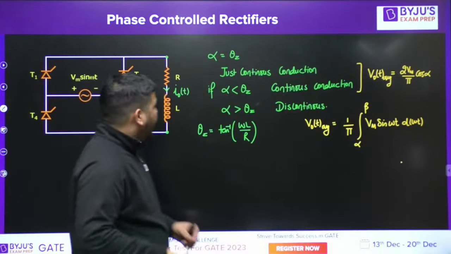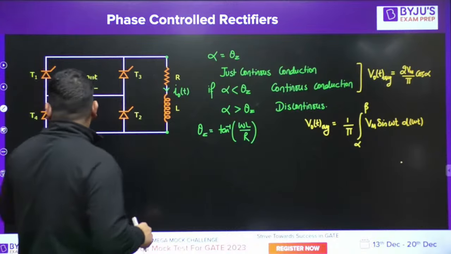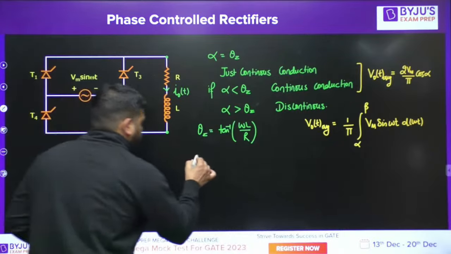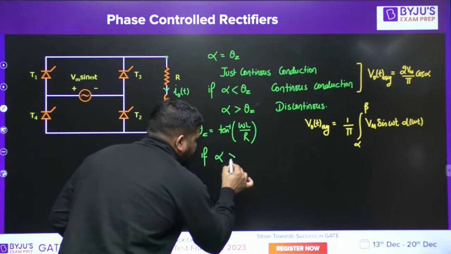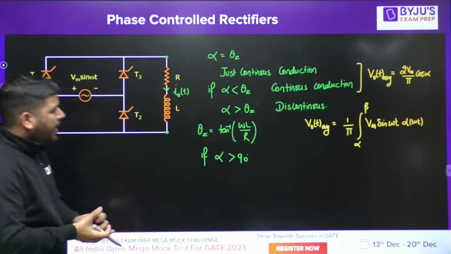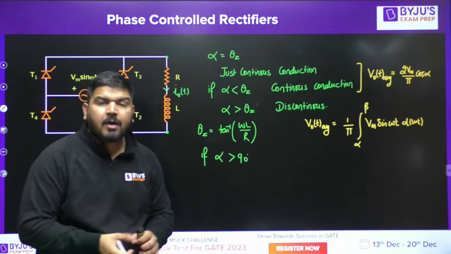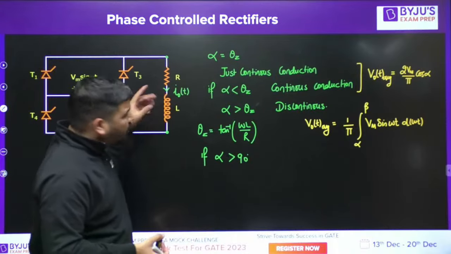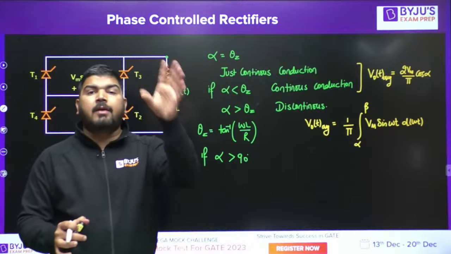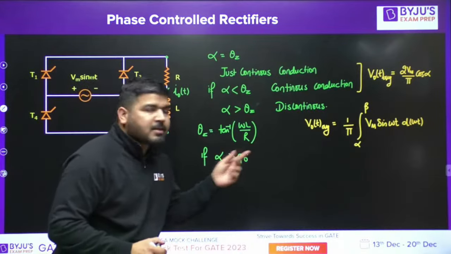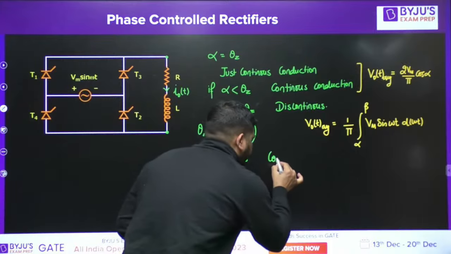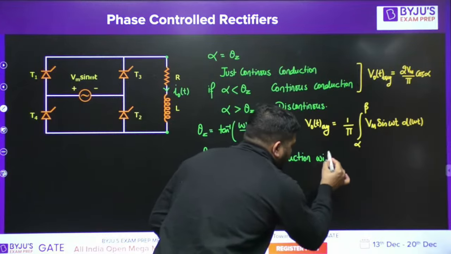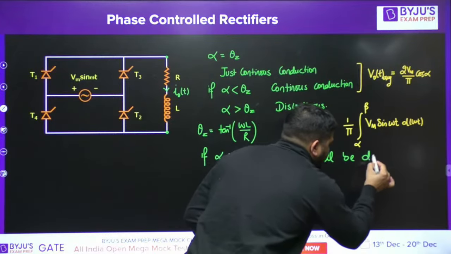Now, if alpha is greater than 90 degree in RL load, for sure conduction will always be discontinuous for any value of L. Whatever L you want to take, if alpha is greater than 90 degree, conduction will always be discontinuous.